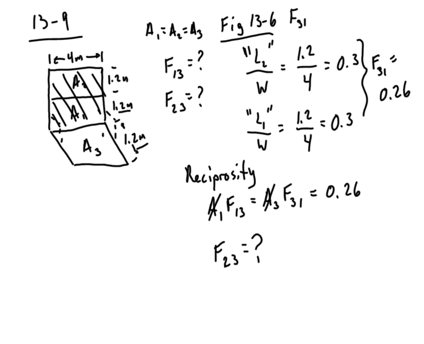Again, we're going to use figure 13-6. We'll now have that L2 in quotes over W is going to equal the sum of both of those vertical sides.